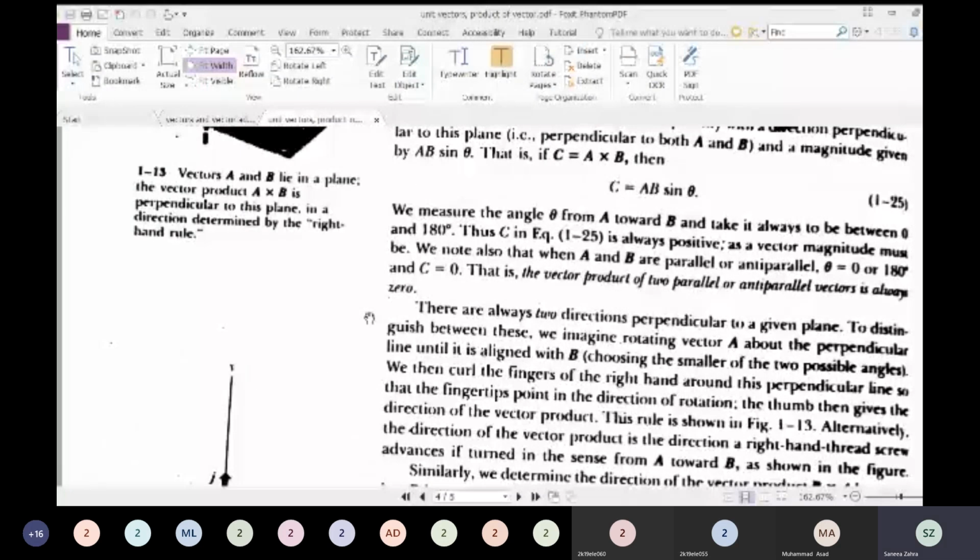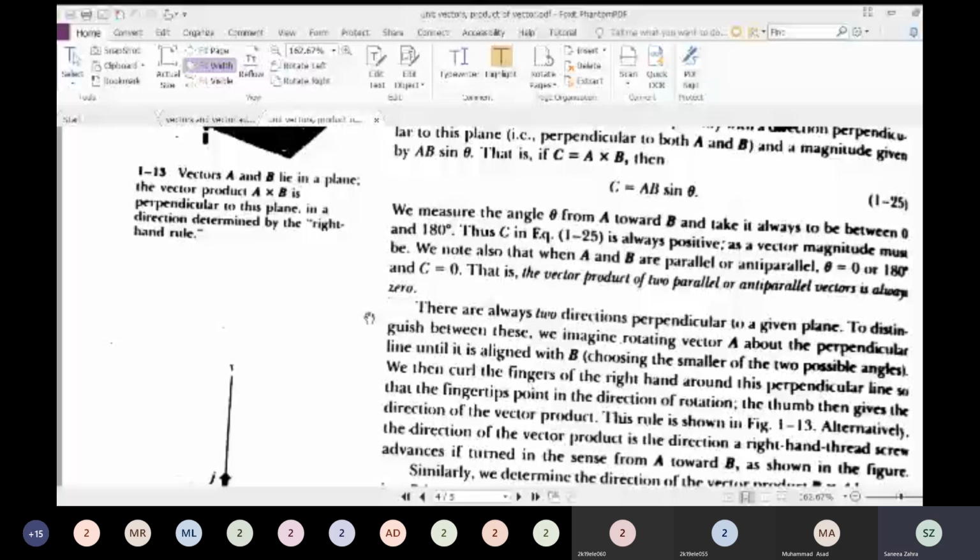We measure the angle theta from A towards B and take it always to be between 0 and 180. The equation is always positive, as the vector magnitude must be.